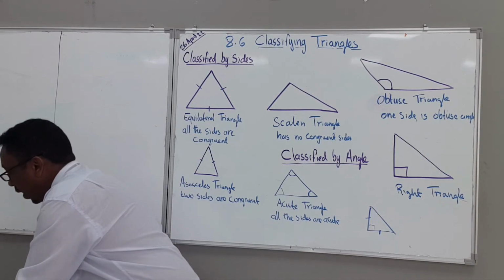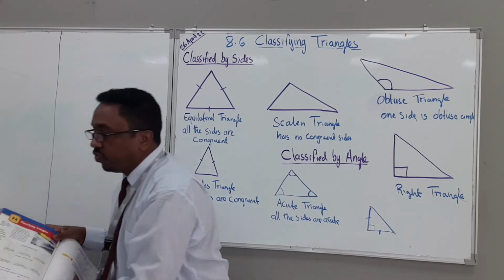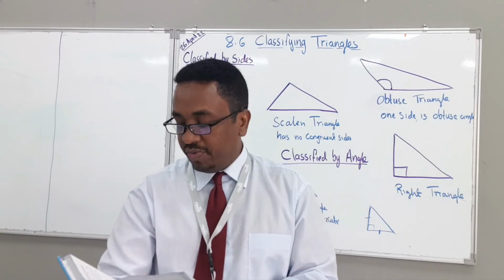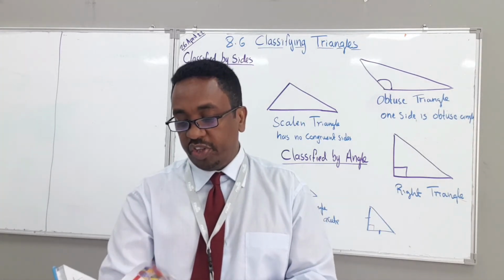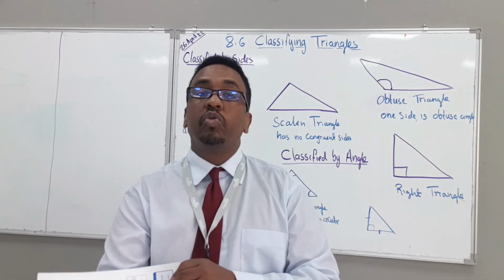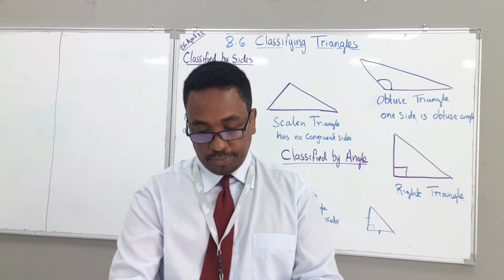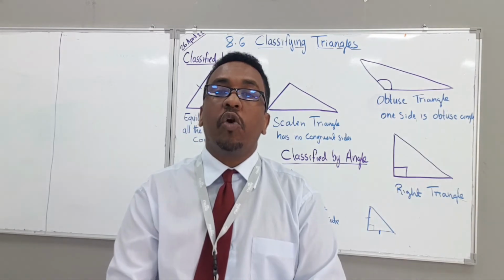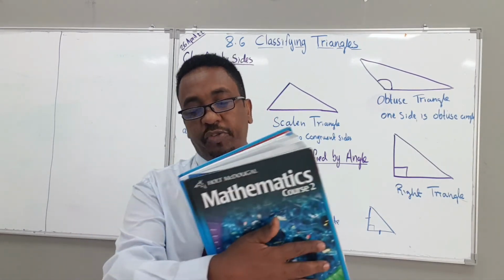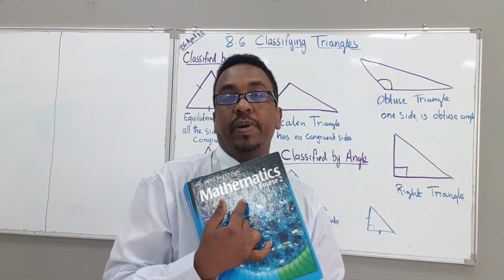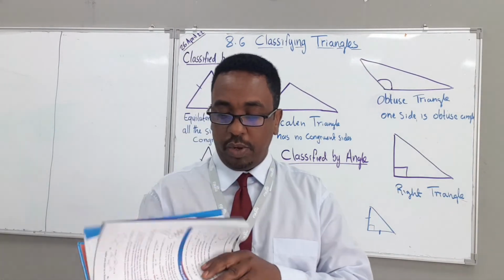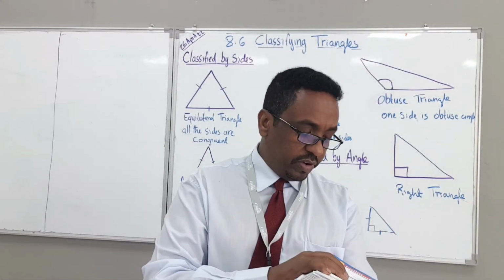And as usual, for those of you who might not be here or miss the class or for whatever reason need to watch this again, I want you now to go to page 480 in this book, Mathematics Course 2.